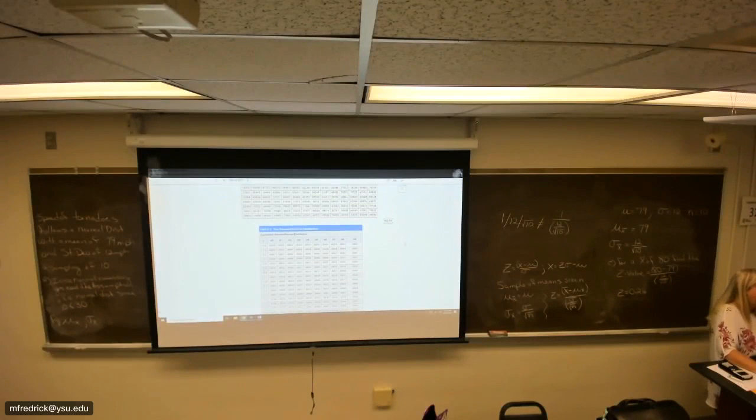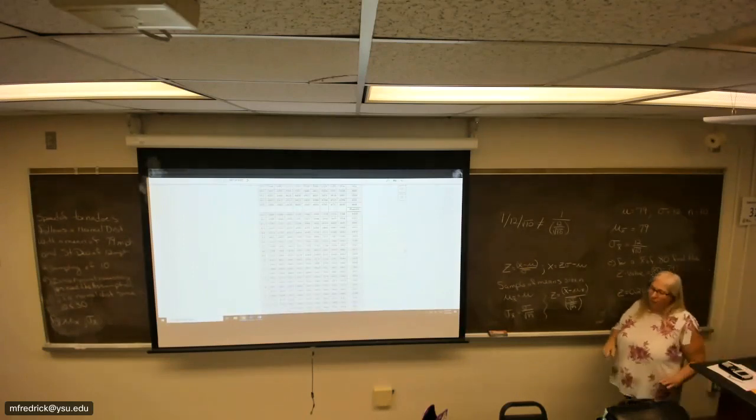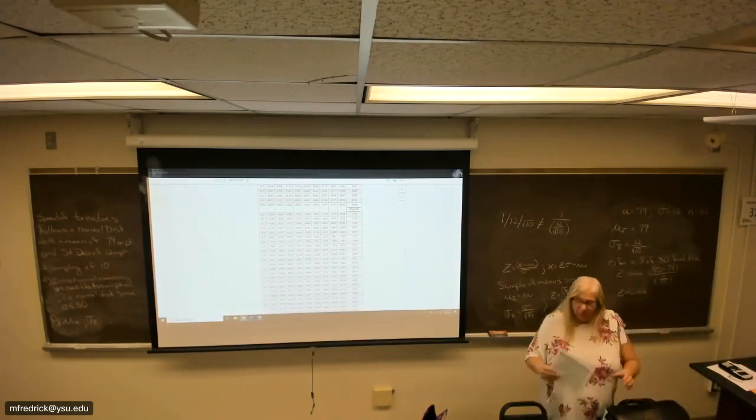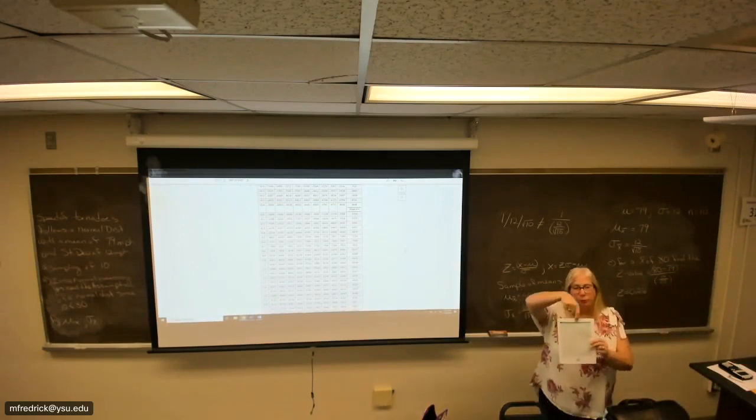Negative 2.96, negative 2.9, and then 6 is here. Now, as you go lower, it doesn't necessarily show those. On the chart that I will give you, it's just the positives, but it will show it.